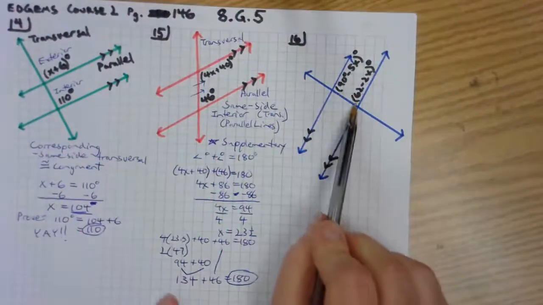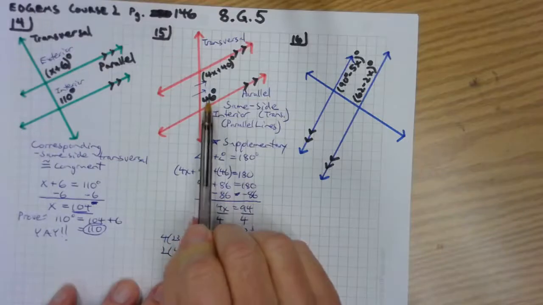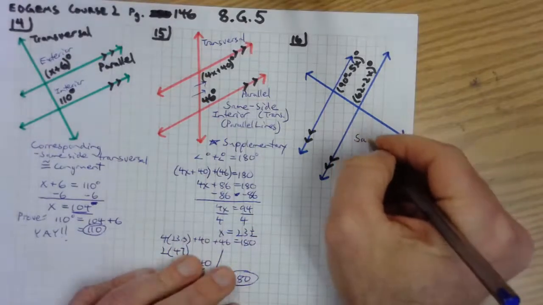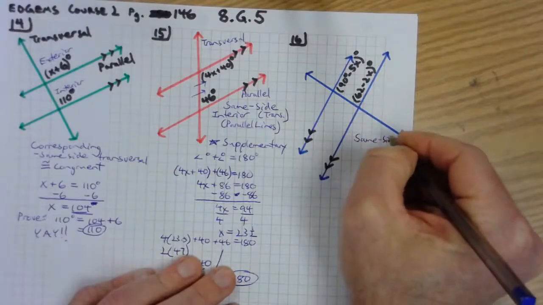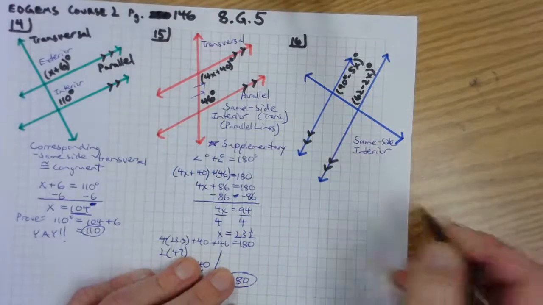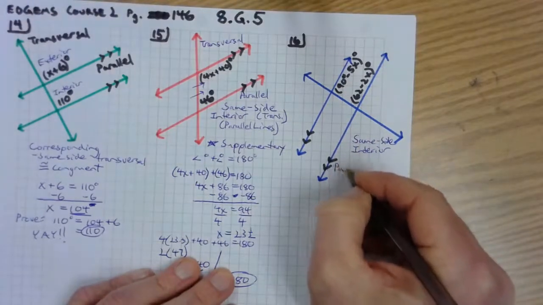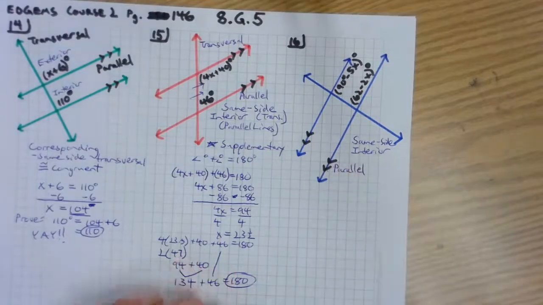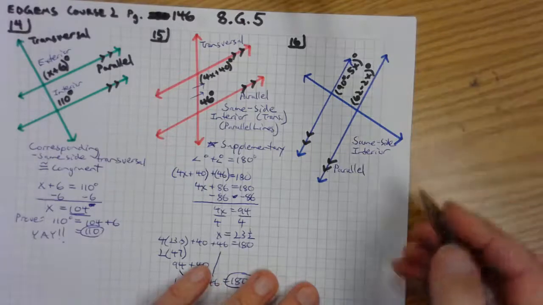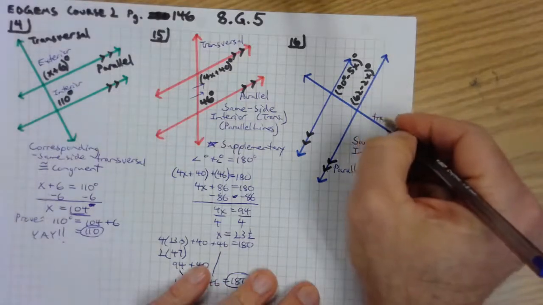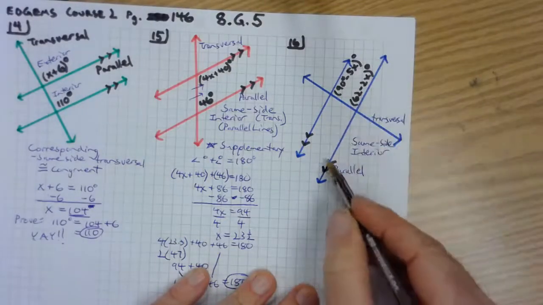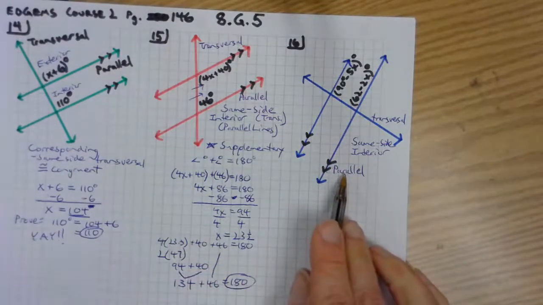Hey, these two angles are just like these two, aren't they? In terms of their relationship, they are same side interior, parallel lines. Even if I'm not saying it out loud, which normally I don't, even though that's a sign of genius, right? Even if I'm not saying it out loud, I guarantee every time I'm drawing parallel lines and putting those marks on them, I'm thinking of the word parallel.